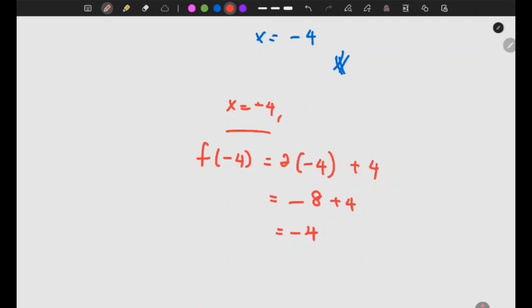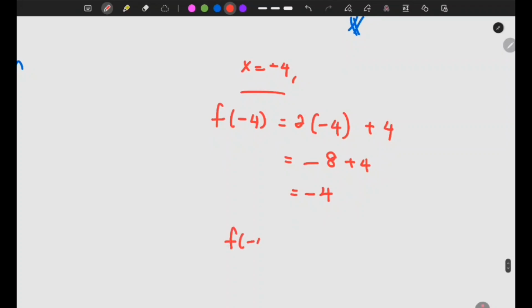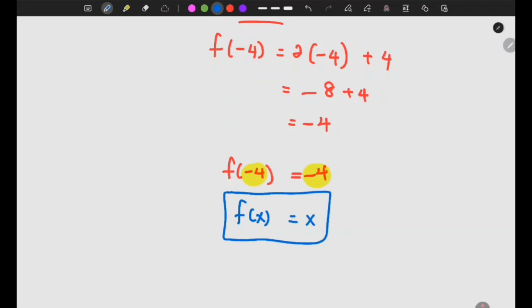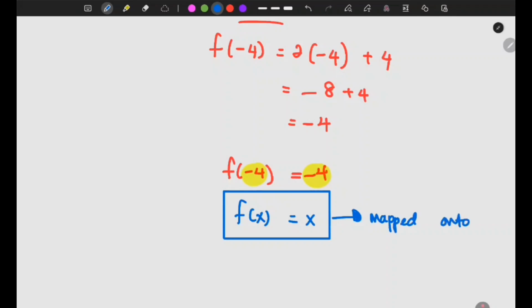Press your calculator, and I'm getting negative 4. So f(negative 4) is negative 4. Can you see? It's the same, because they map onto itself. That means no matter what, your f(x) will be equal to x, because they say map onto itself.